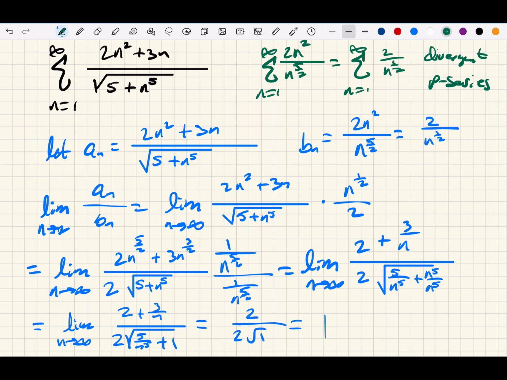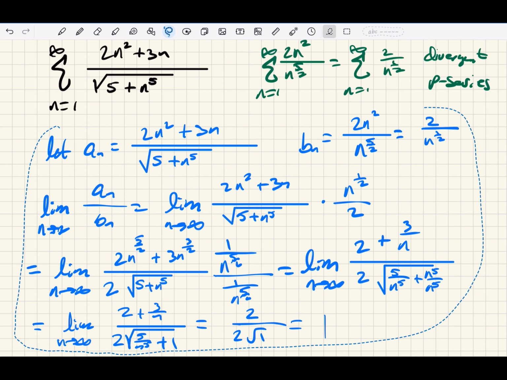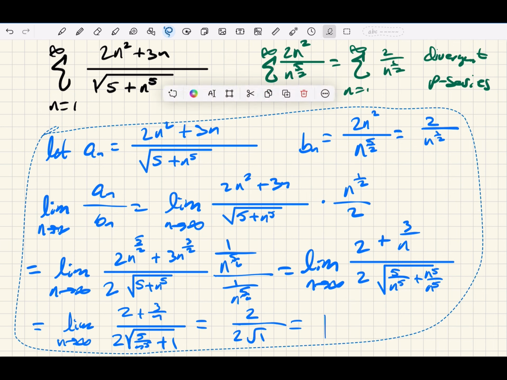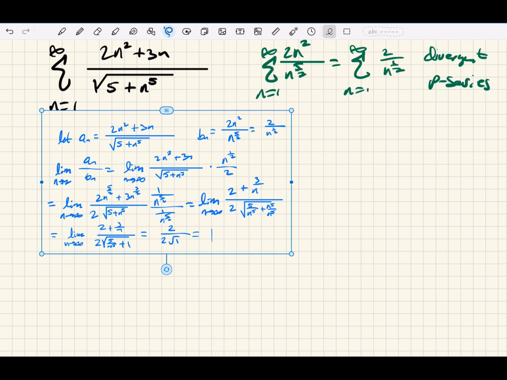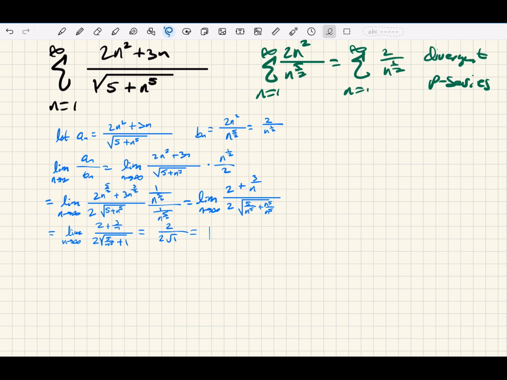Yes, sir. Now, go ahead. Could you just skip the 2n squared over n to the 5 halves? If you want. Okay, so now we can state our conclusion, right?